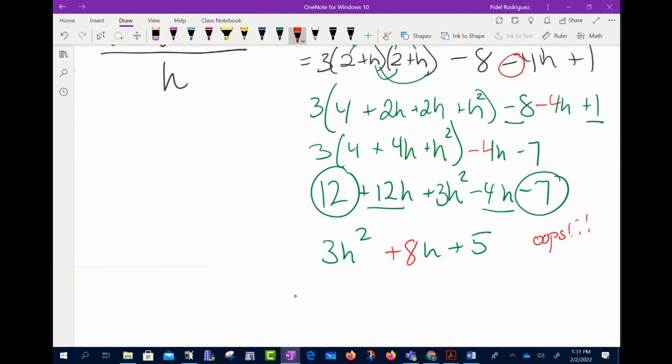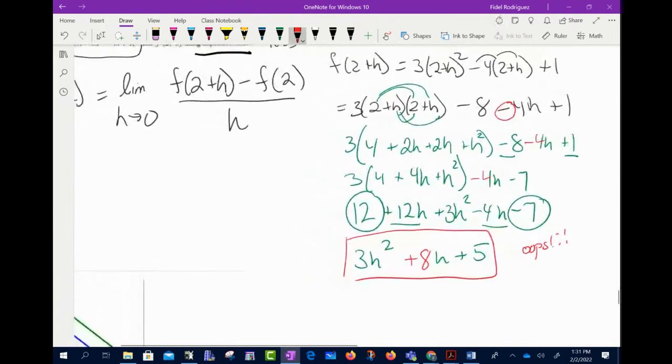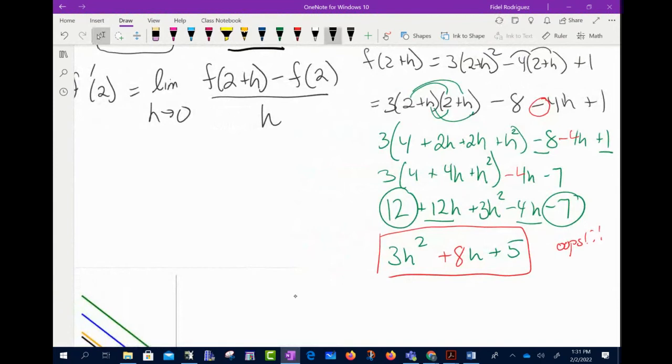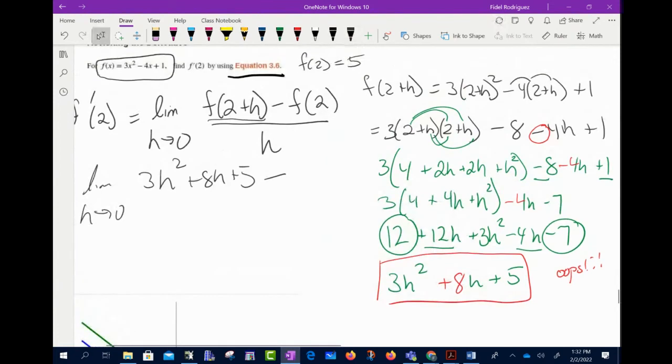Okay. So now we got this piece right here. Let's come back and let's see if we can plug that in where we need to. All righty. So we're going to take the limit as h approaches 0 of f of 2 plus h, which we just found to be 3h squared plus an 8h plus a 5 minus, didn't we already say f of 2 was equal to what number? 5, so that's going to go right there, all over h.